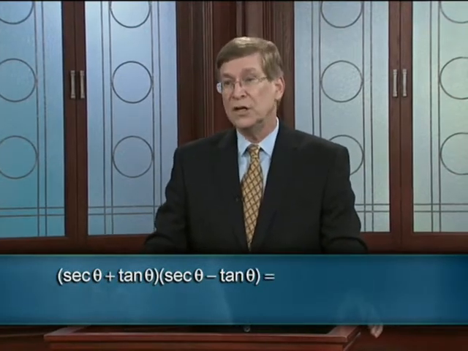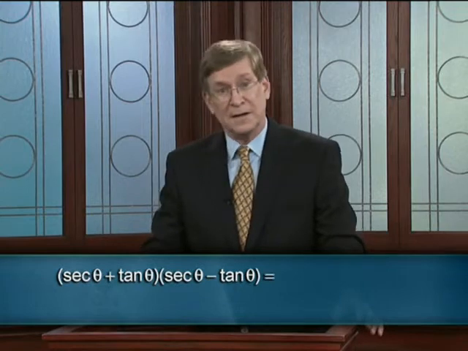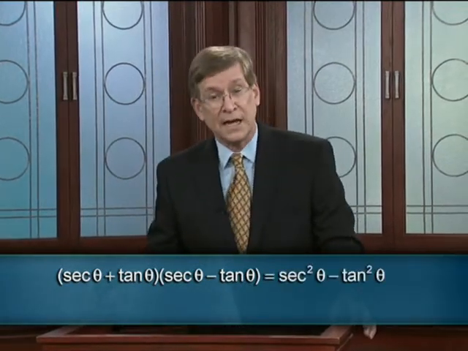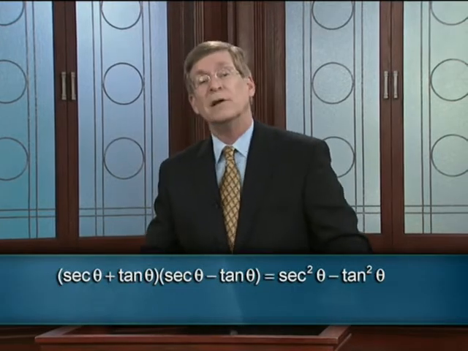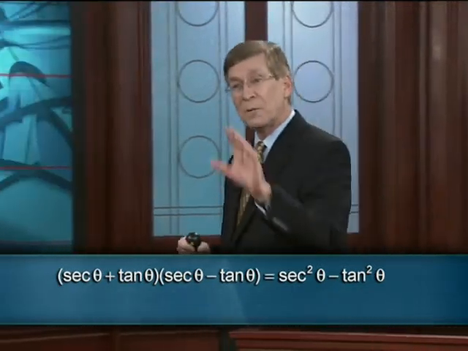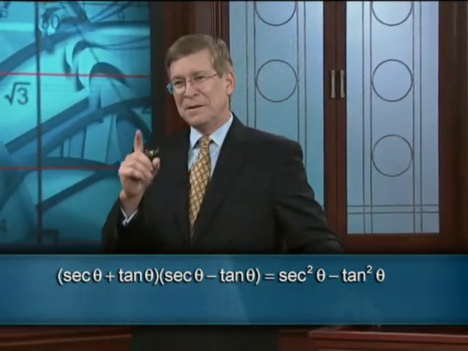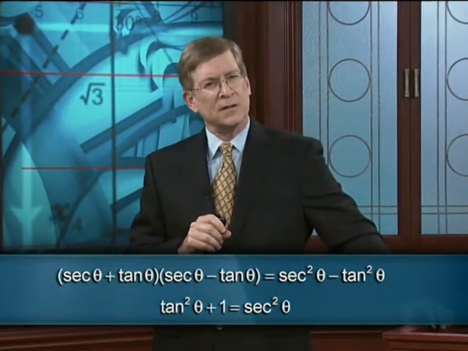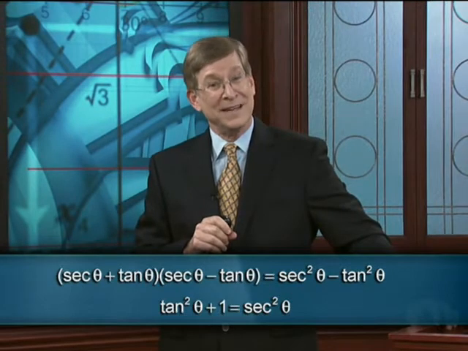Multiply it out. Secant plus tangent times secant minus tangent turns out to be secant squared minus tangent squared. Good. So far we got it a little bit better. But now remember that tangent squared plus 1 is secant squared. That was one of those identities.